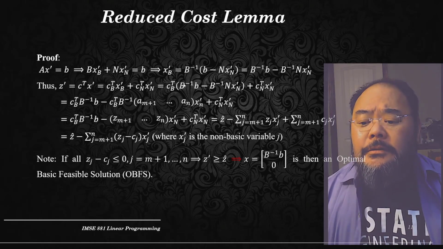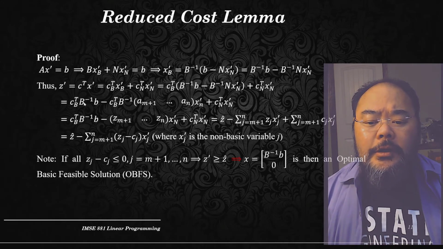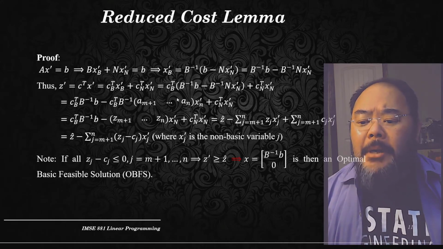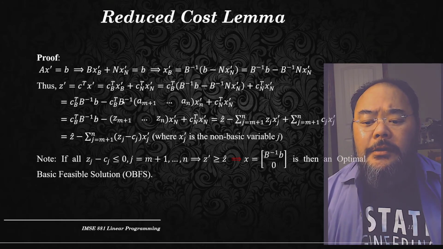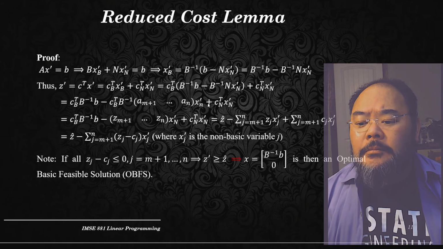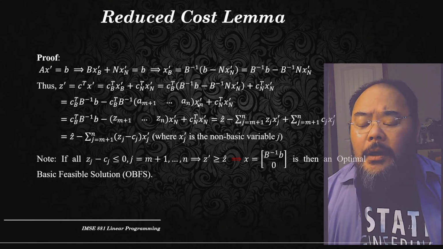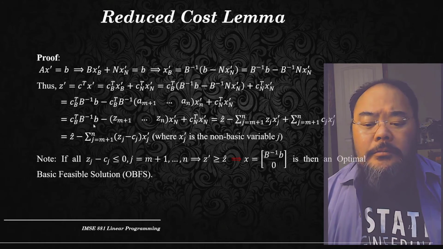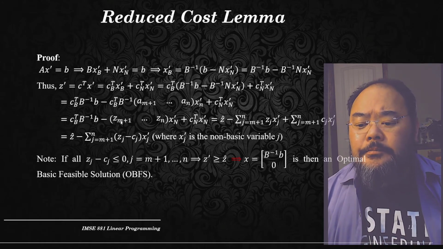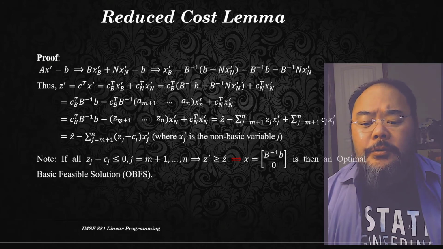Then we can expand it further. The first part right here is CB transpose times B inverse times b minus CB transpose times B inverse times N, where N is the n plus 1 column to the nth column, times xN prime, plus cN transpose times xN prime. So we can collect the xN prime column.